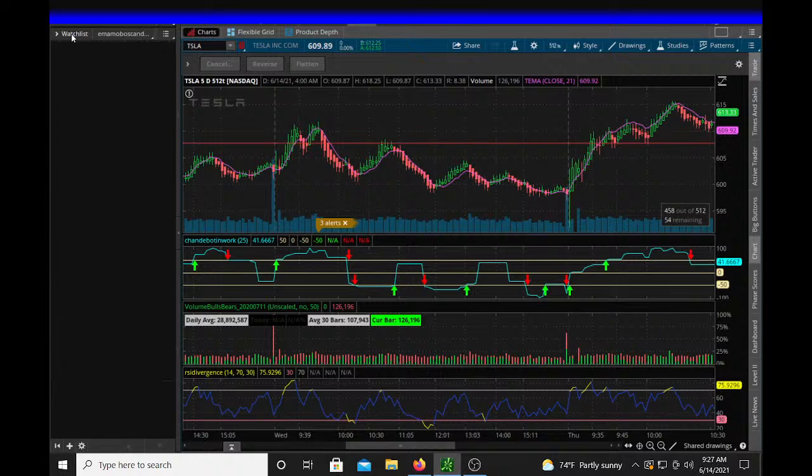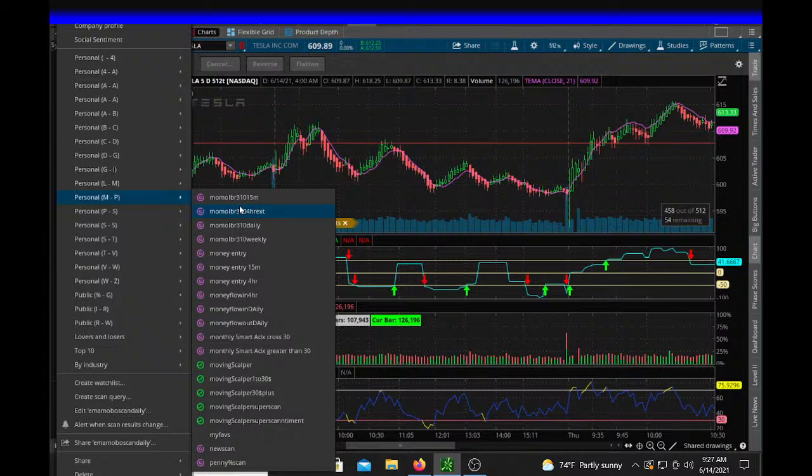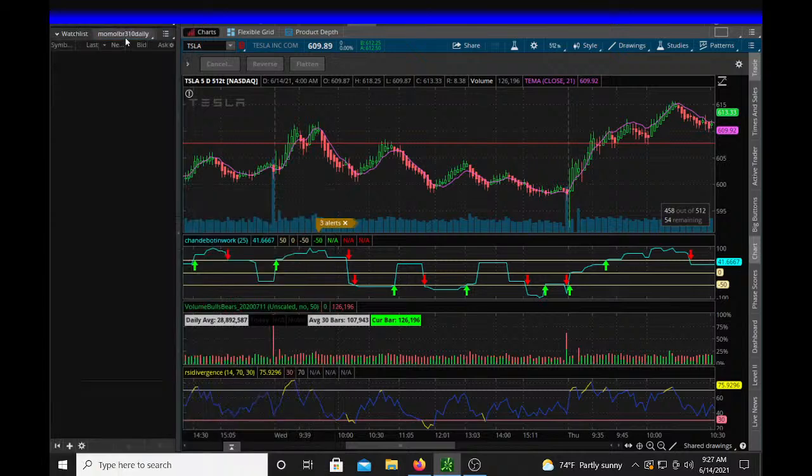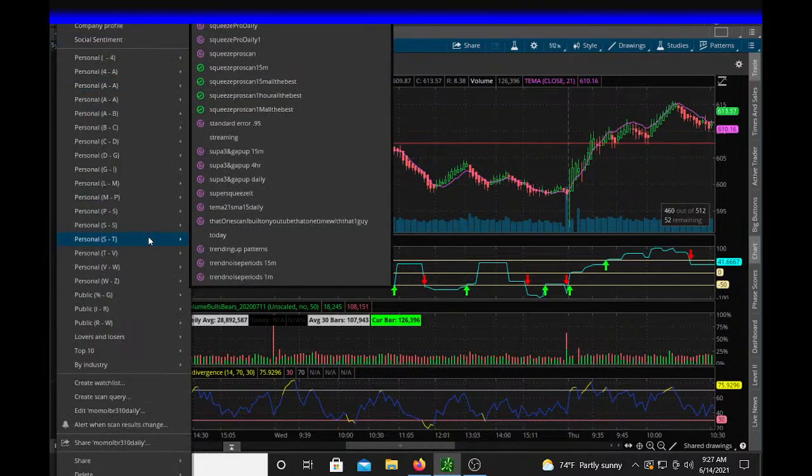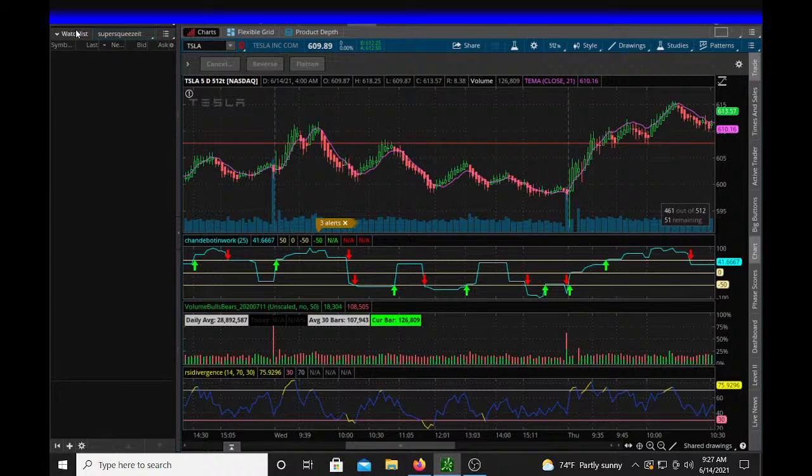Okay. Now, nothing on our little EMA Mobo scan here. Either that or it doesn't work. I'm sure that it works, but nothing for it today. All right, now let's see what's on our Super Squeeze.